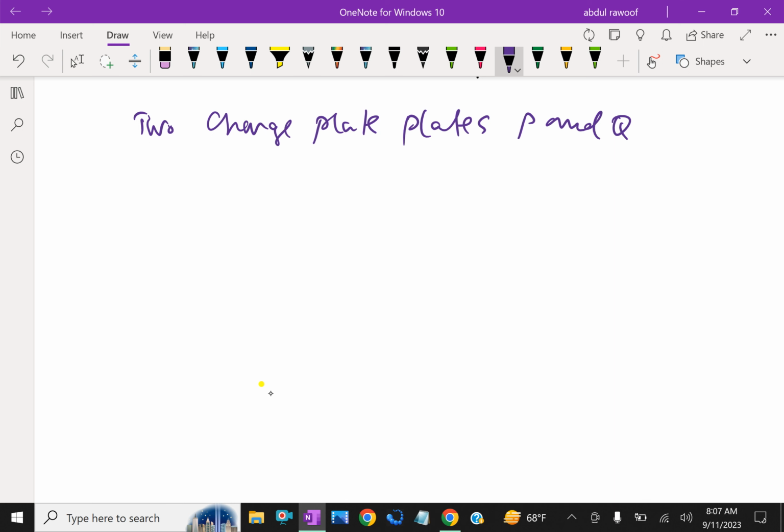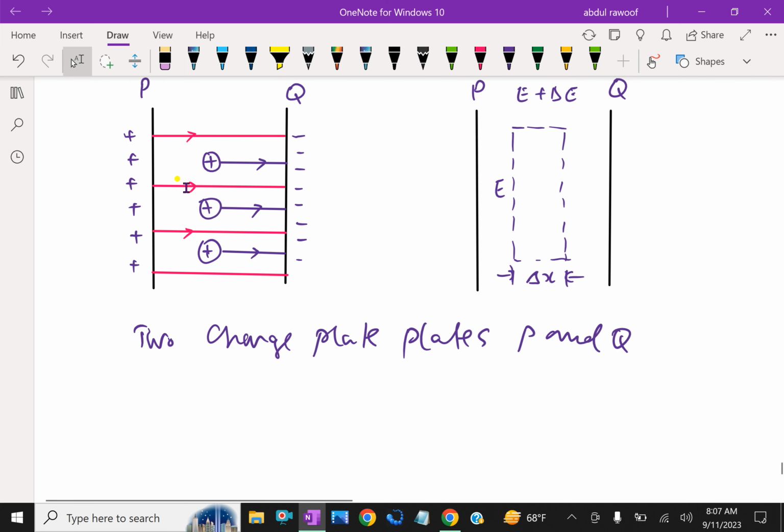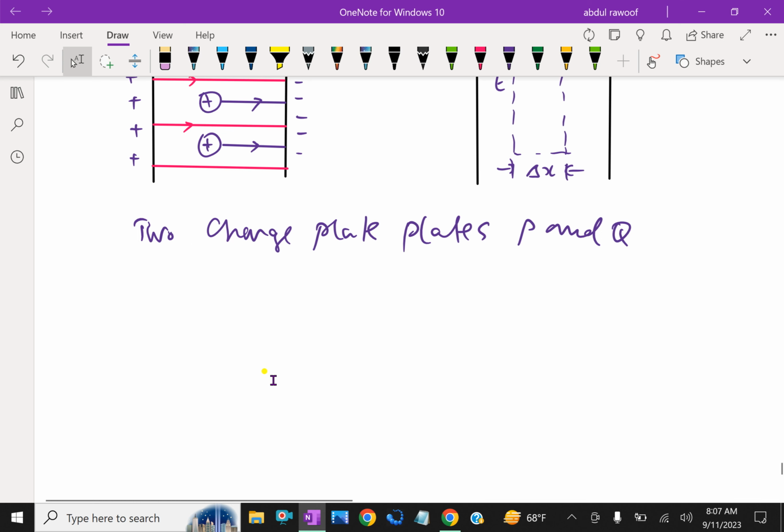It is generally known as the space charge.